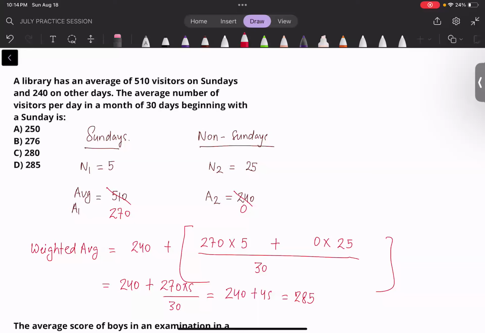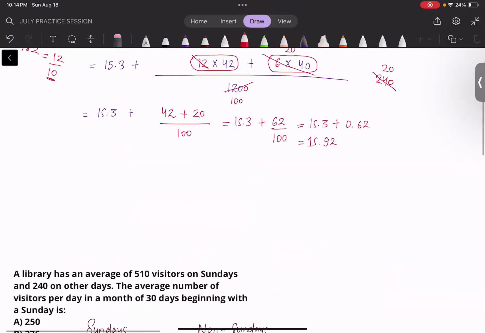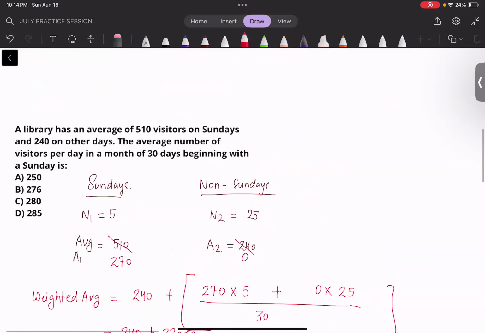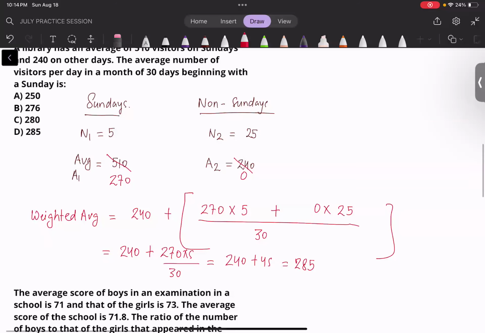Now, are you able to understand why I chose 15.3 in the previous question and why I chose 240 in this question? Not for subtraction purpose.